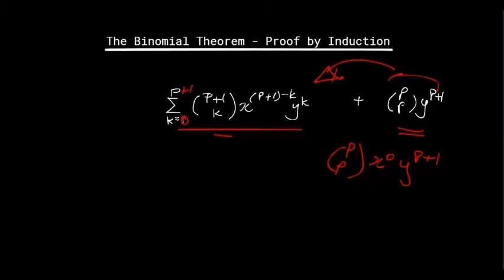So when we have x to the p plus 1 minus k, we're actually having x to the p plus 1 minus p plus 1, which is x to the 0, which is what we want. And now k has gone all the way to p plus 1, so the k value is p plus 1.